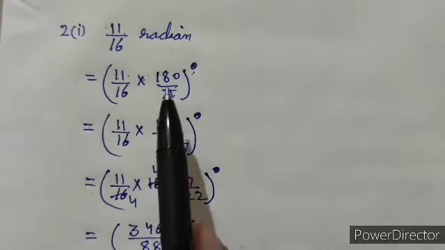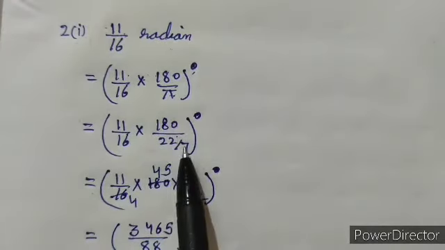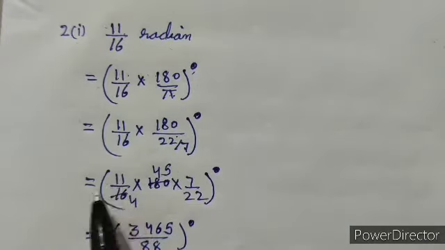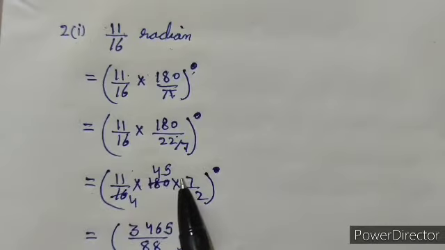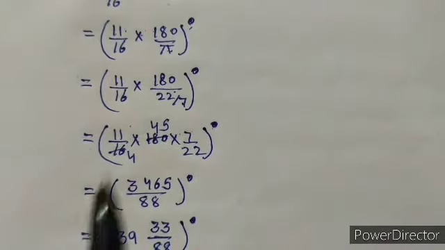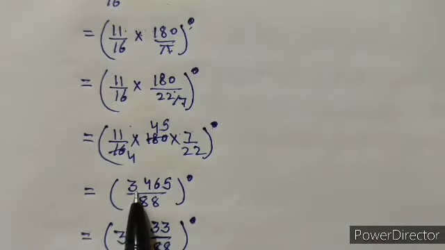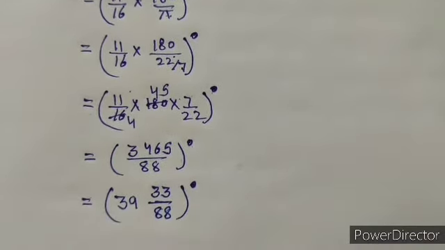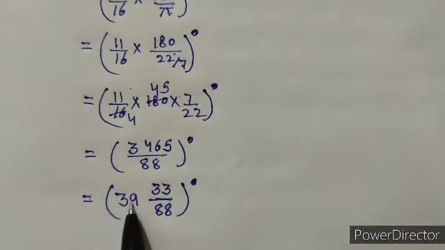Now we can take pi as 22 by 7, and this will give us 11 by 16 radian as 11 by 16 into 180 into 7 by 22 degree, which on solving will be equal to 3465 upon 88 degree, which can be written in mixed fraction as 39 plus 33 by 88 degree.